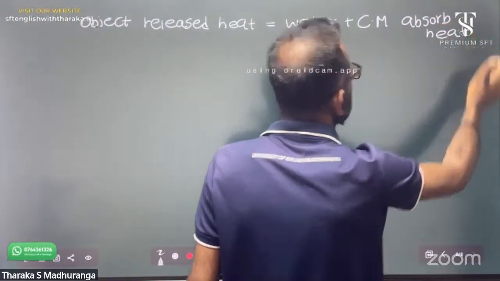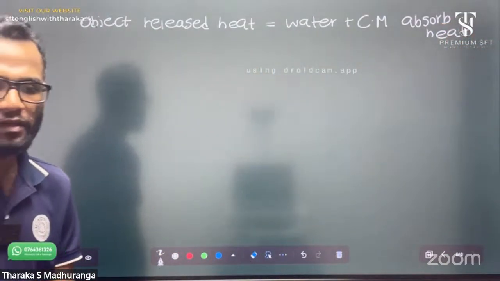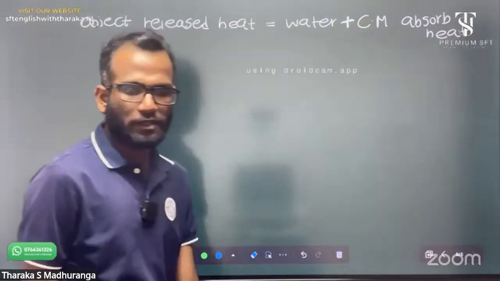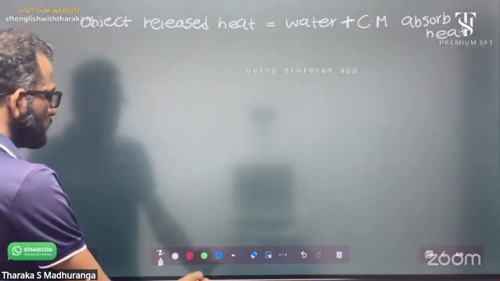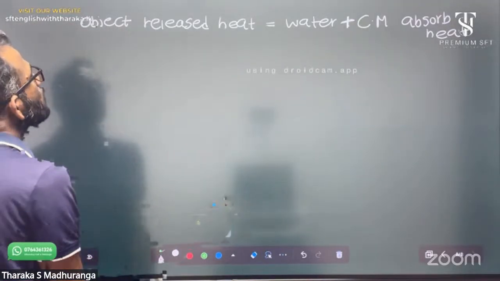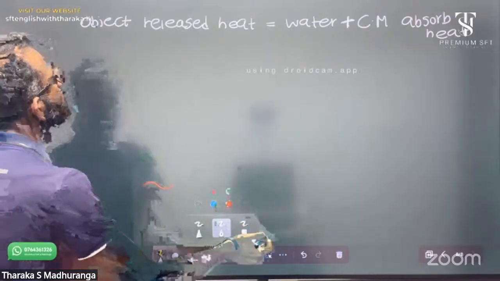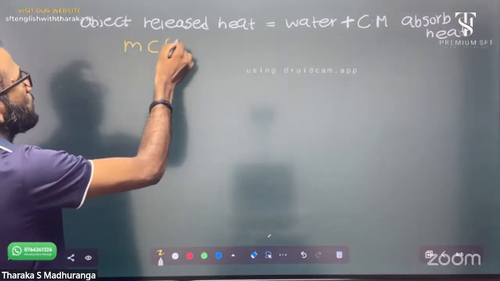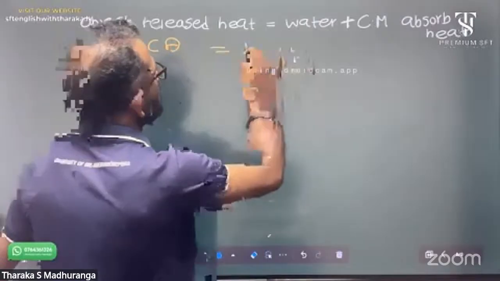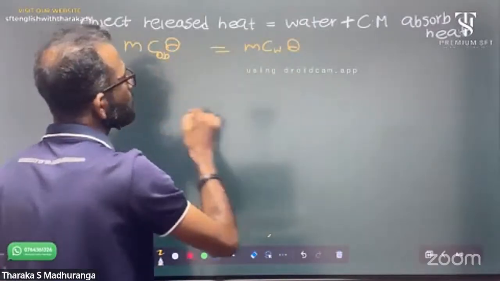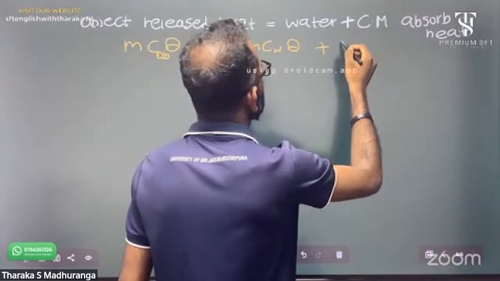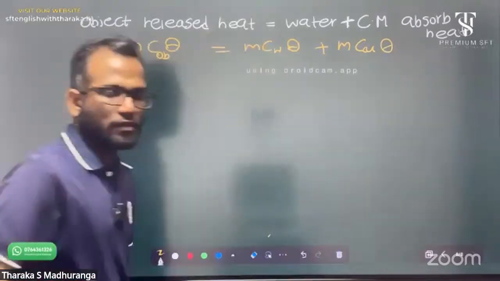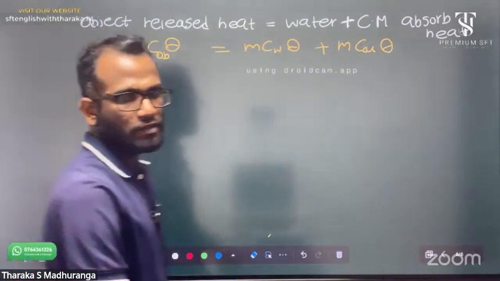This is a simple mixture method. The object releases heat, MC theta, with no physical state change. The water absorbs heat MCW theta, plus the calorimeter absorbs heat M C copper theta. This is the equation. This equation is very simple.